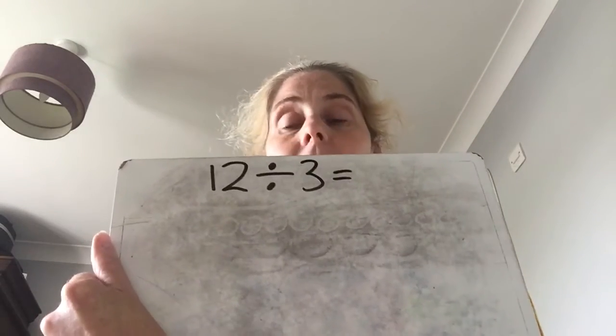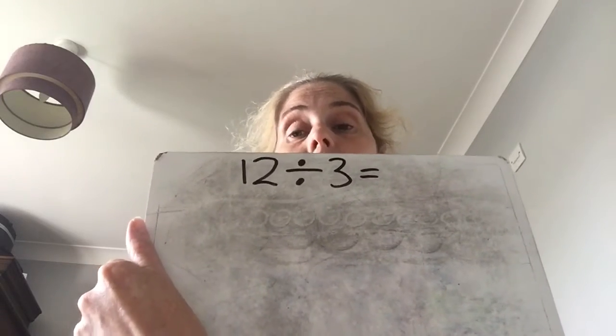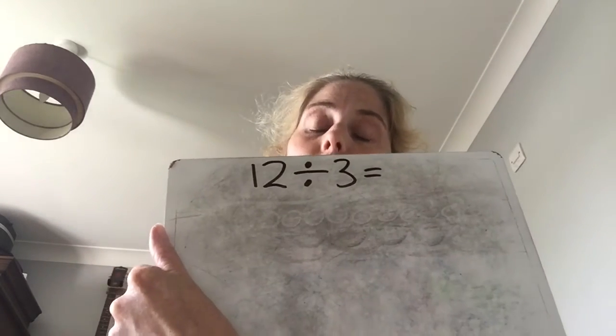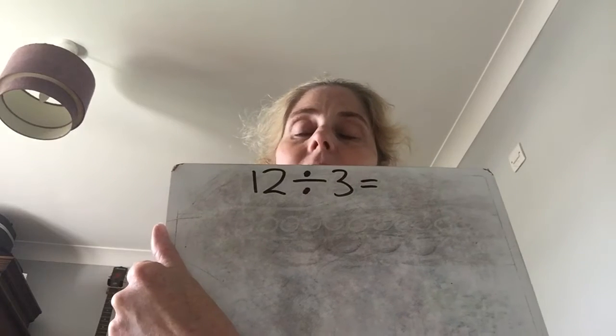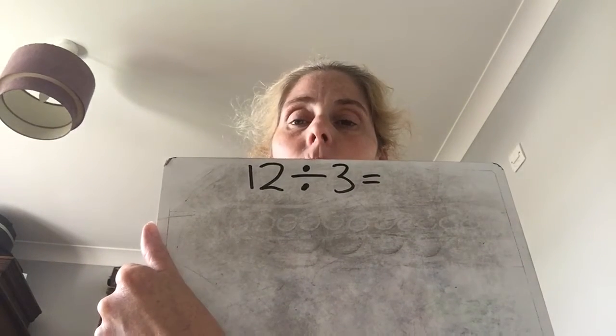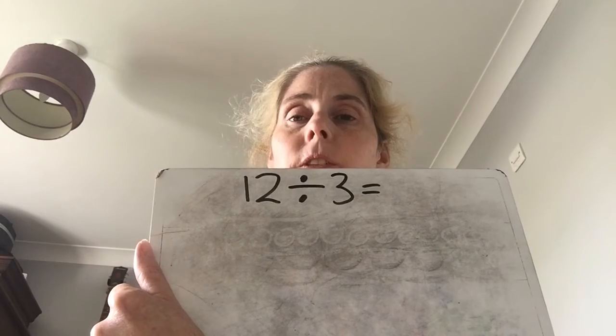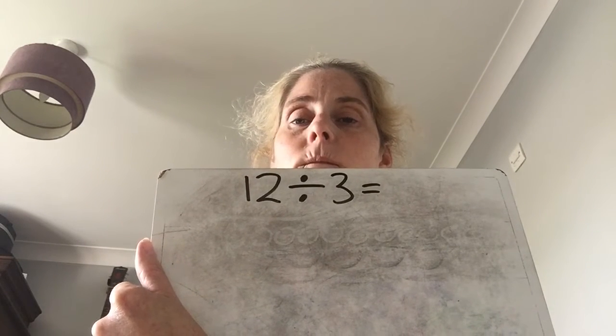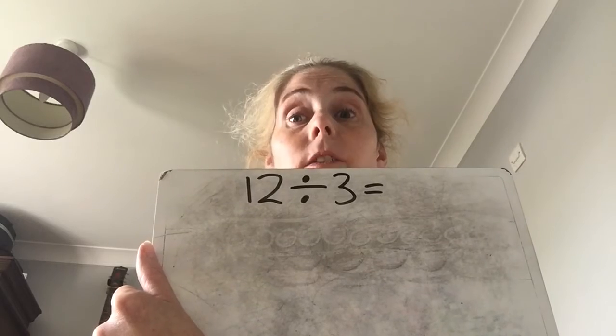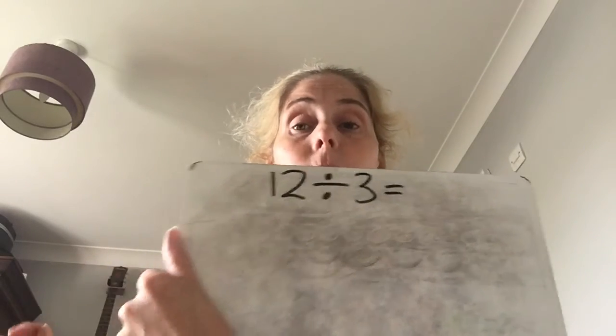There's our calculation. 12 divided by 3. How would I work that out? What would I do? Explain it to the adult with you. What would you do to work that out? Work it out. Pause the video to have a go at doing it.